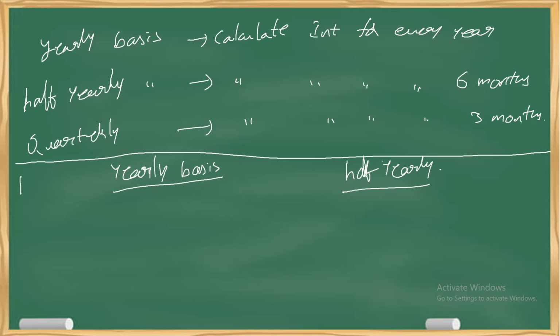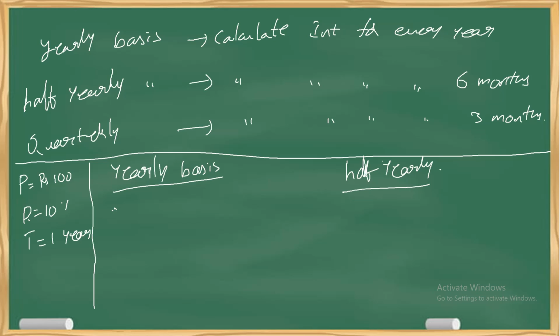The values are P is equal to rupees 100, R is equal to 10%, time is equal to 1 year. Just 1 year we'll take as an example. In the yearly basis, how do we calculate the compound interest? Compound interest and simple interest are the same for 1 year.